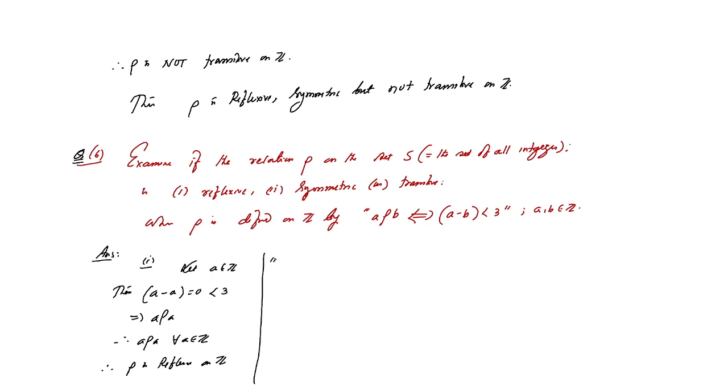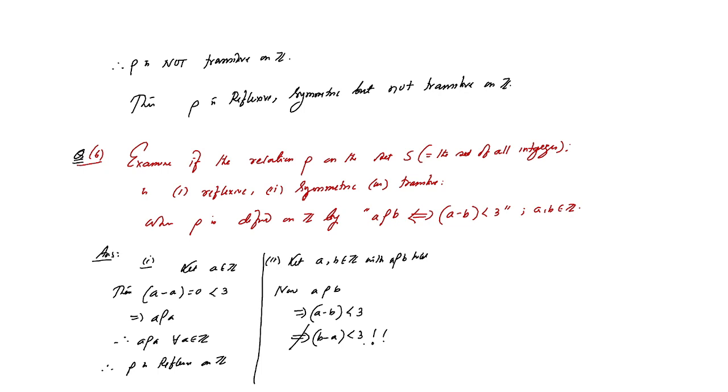Now we come to the symmetric. Let A, B belong to Z with A rho B holding. So now A rho B means the distance A minus B is less than 3. But that does not mean B minus A is less than 3. This may not happen.